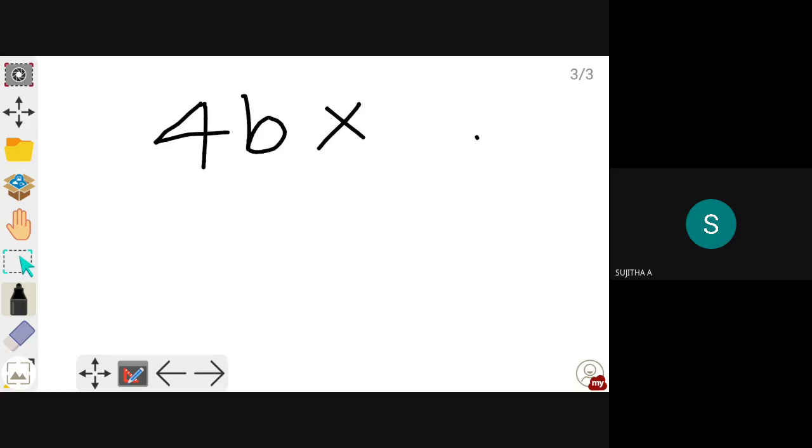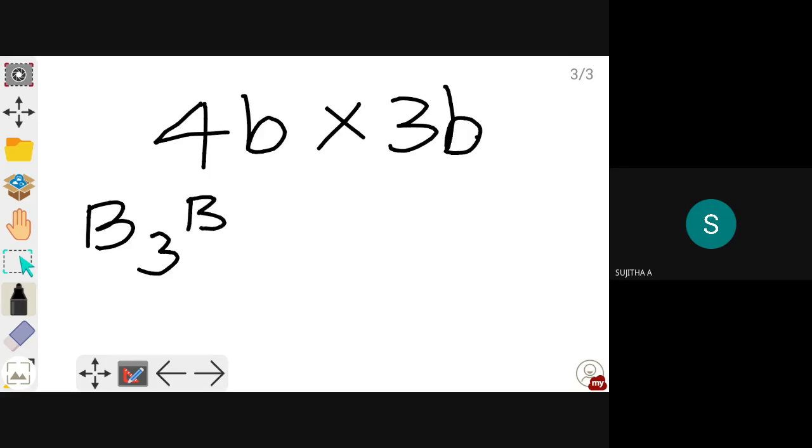So next you are going to multiply a 4-bit by a 3-bit binary number. You are going to design a multiplier for that. 4-bit means you take B3, B2, B1 and B naught.